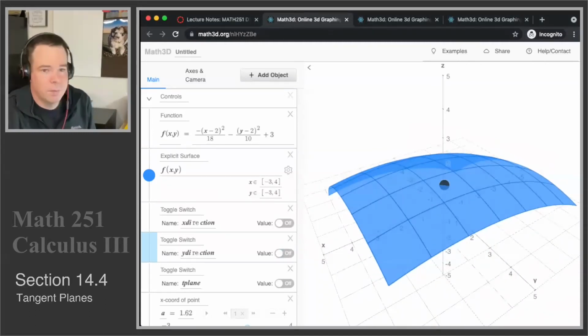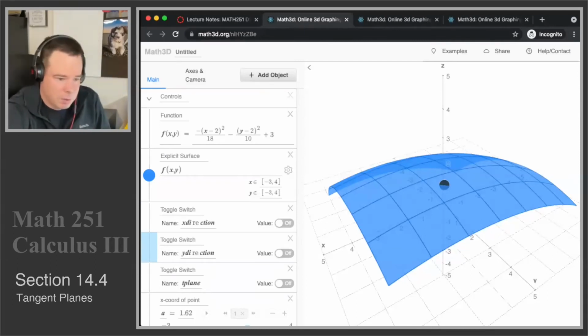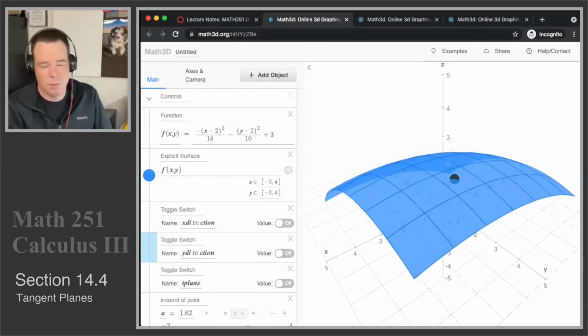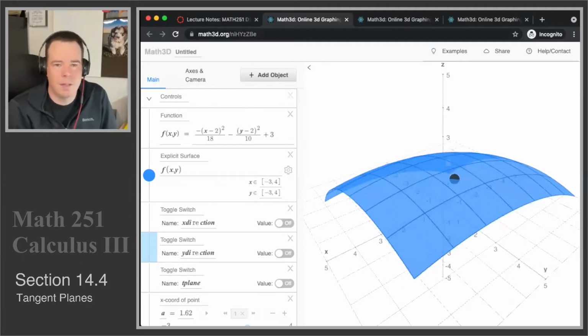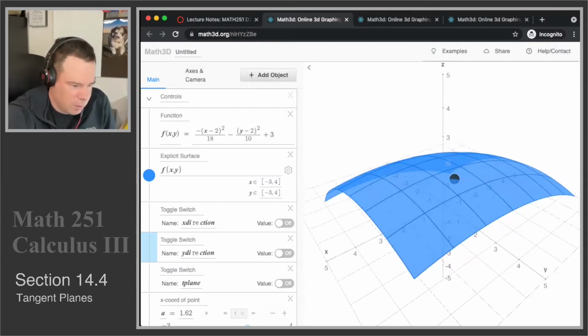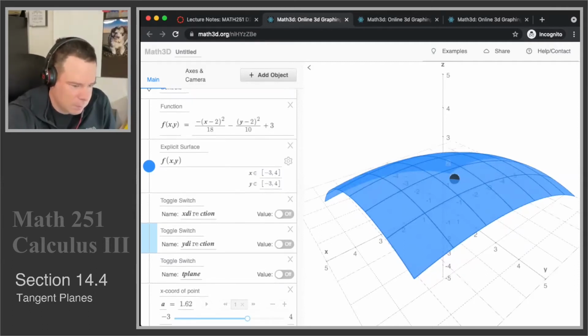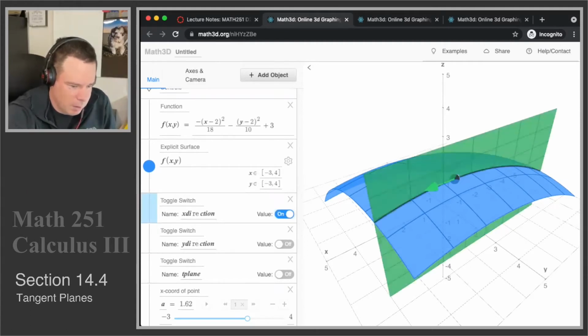I'm going to use the fact that we have space curves and we know how to deal with space curves, curves in space that we can then find tangent vectors to from by taking their derivatives. So with this one, what we do is we cut it by a plane.